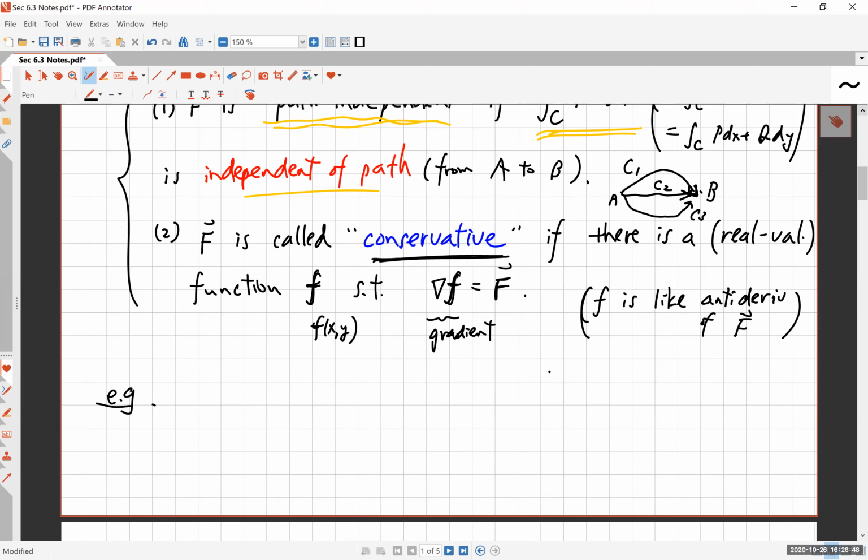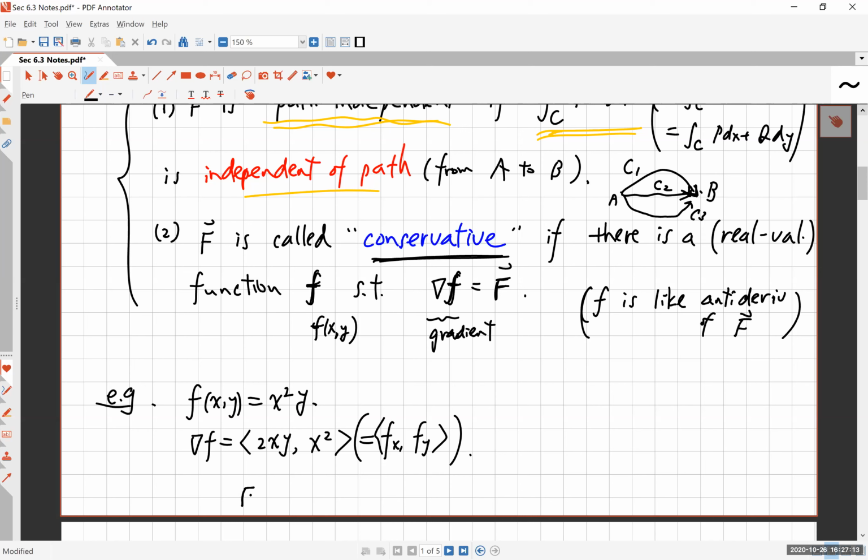Let me give you this example here. f of x y is equal to x squared y. All right, so remember how you take the gradient? The gradient of this function is 2xy, comma, x squared. Remember, just because it's f_x, f_y, the partials form the gradient. And therefore, this is what we can say.